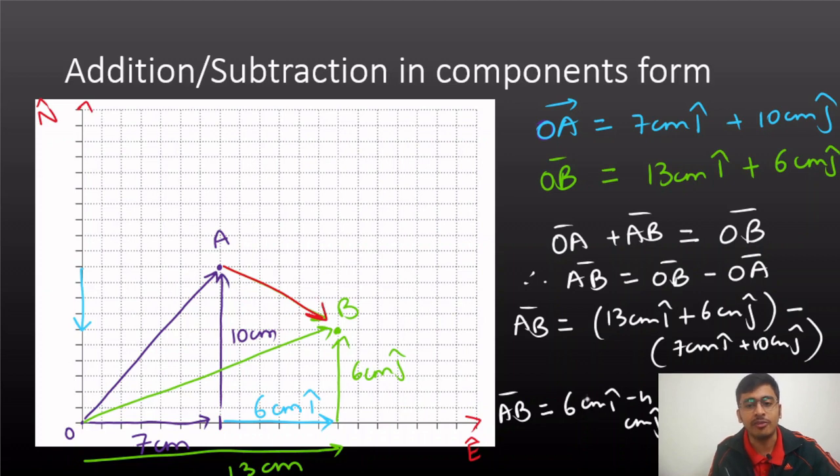So that is why I have written here 6 centimeter I cap and 4 centimeter minus j cap. Okay, so this is how you add and subtract in component form. Basically, you just add I cap with I cap and j cap with j cap.